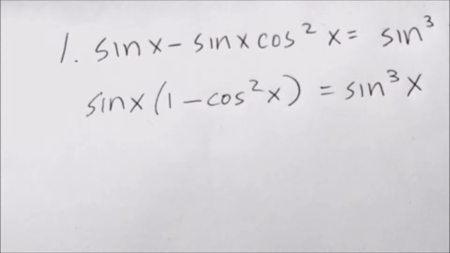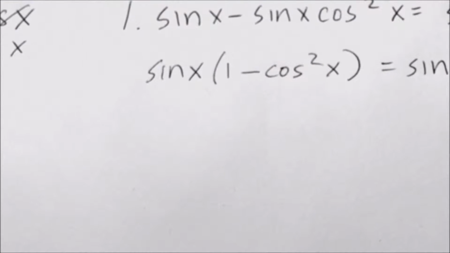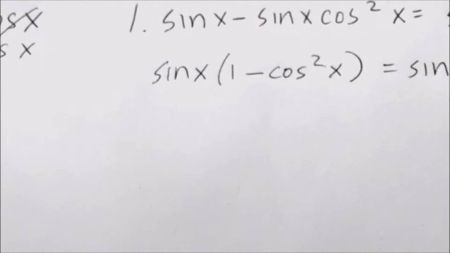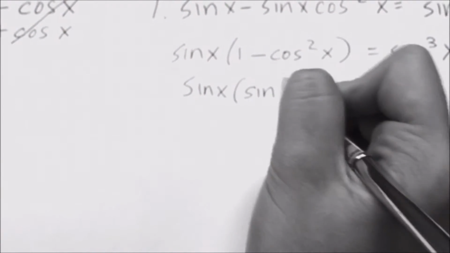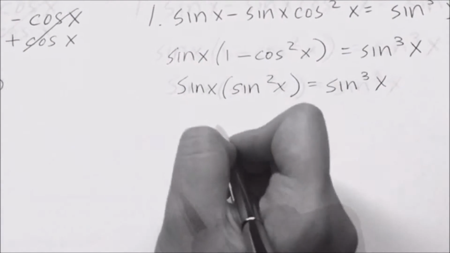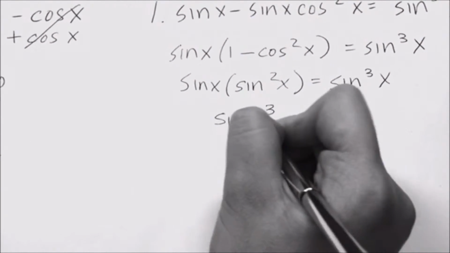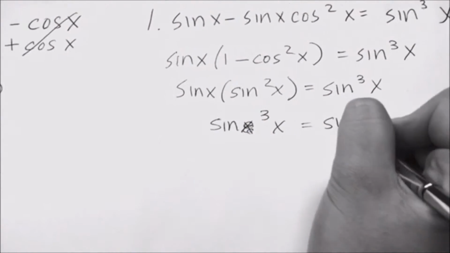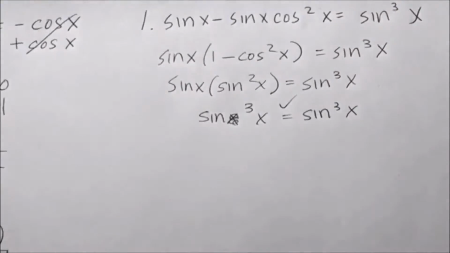Since we gotta equal it to sine cubed form, we have to change the 1 minus cosine squared x to sine squared x. And then you multiply sine x to sine squared x, and you'll get sine cubed x. And you got your verifying answer.